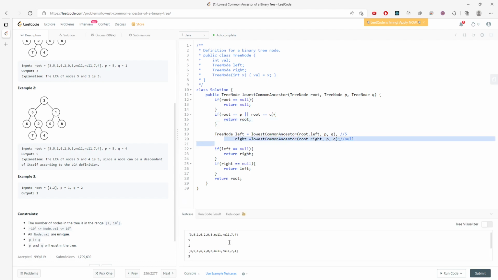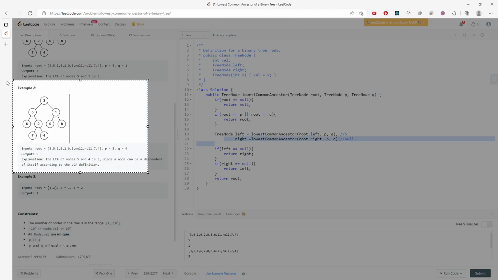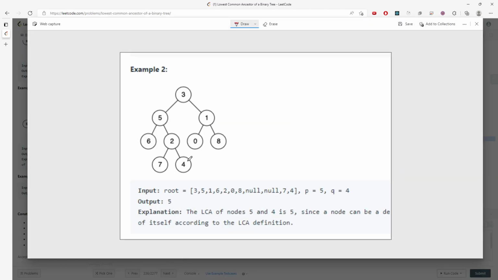And again, what if the node is not inside the tree? For this one, it is really simple. When I traverse the left and right, and my right returns null, and my left returns 5, then I already know my 4 is underneath 5.